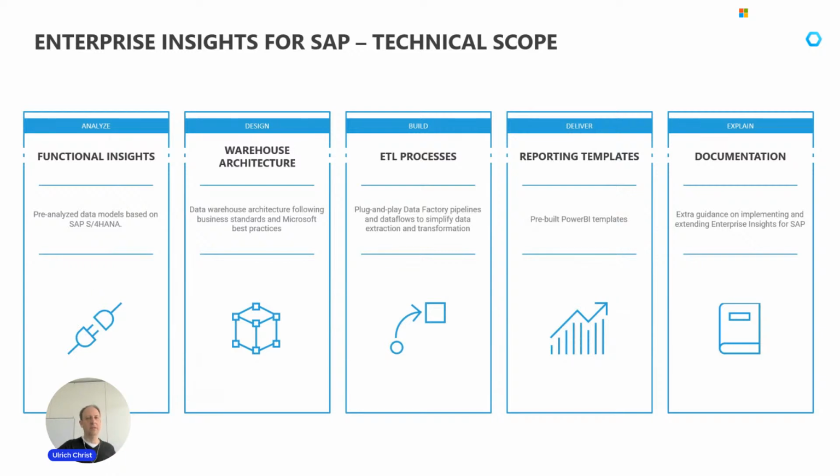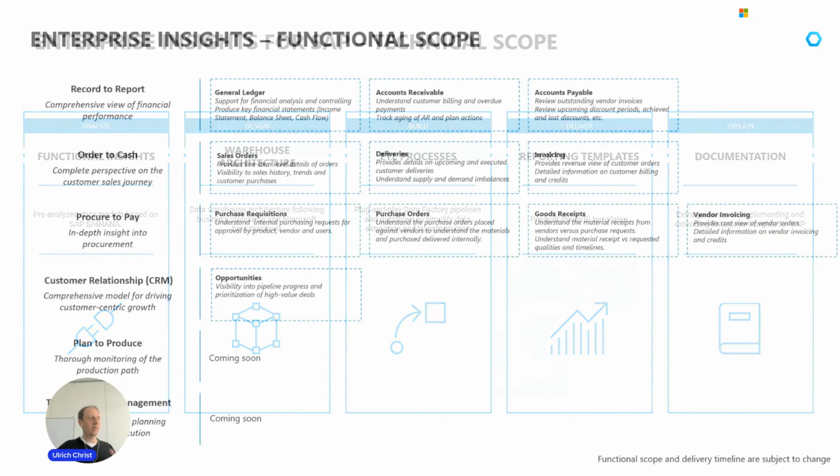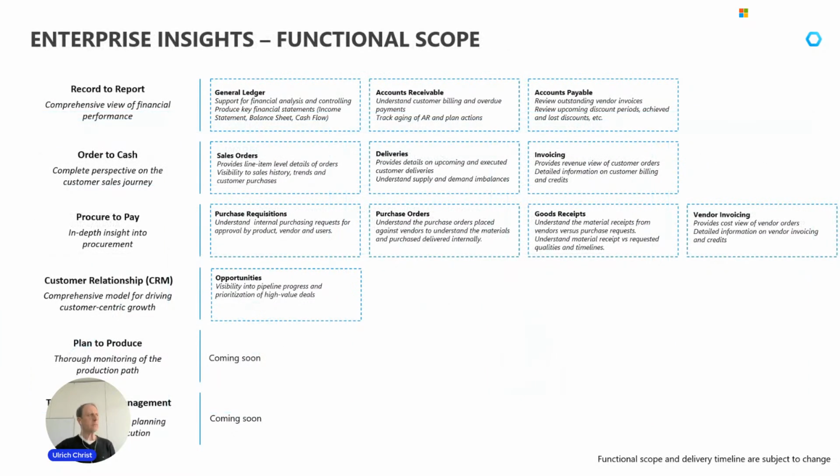What's the scope of Enterprise Insights? And you see that we're covering quite a lot of financial scenarios. We're also covering order to cash and procure to pay. We're working on customer relationship things. So basically, a lot of the standard SAP scenarios we already cover.